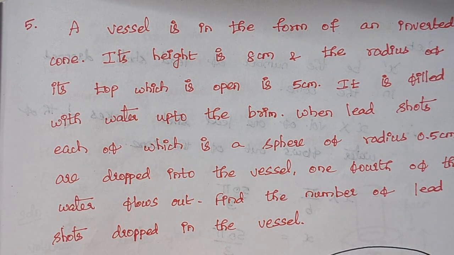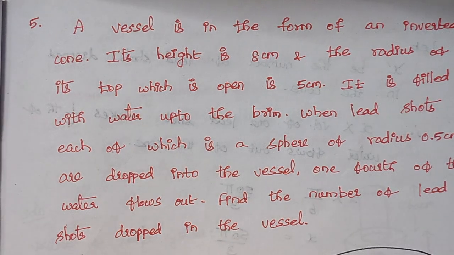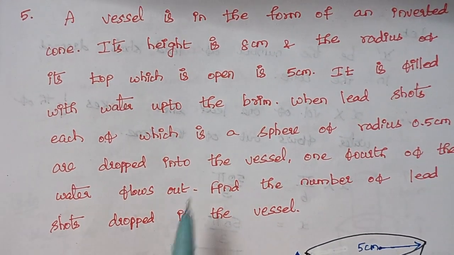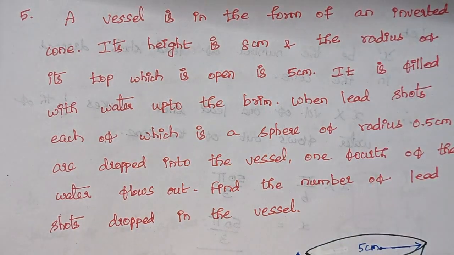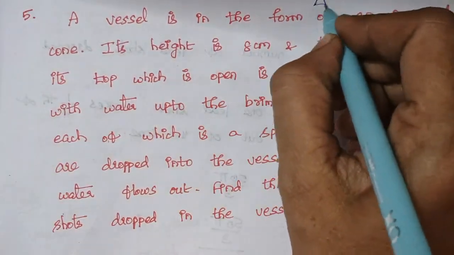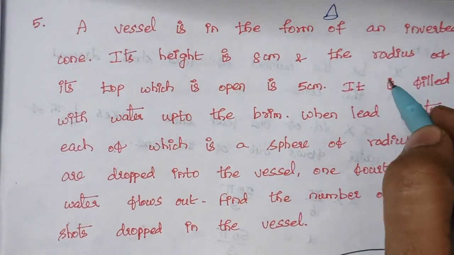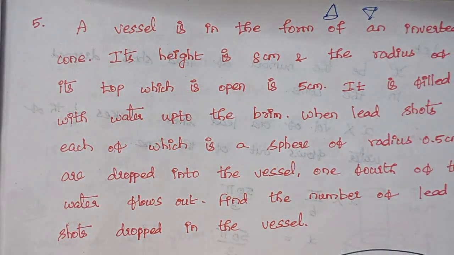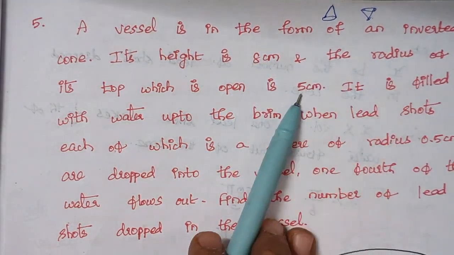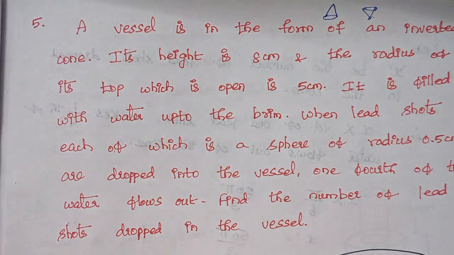Here we are discussing a vessel in the form of a cone, which is inverted, kept in reverse. Normally a cone will be like this, but here it is inverted, like this. The height and radius are given, and it is filled with water.